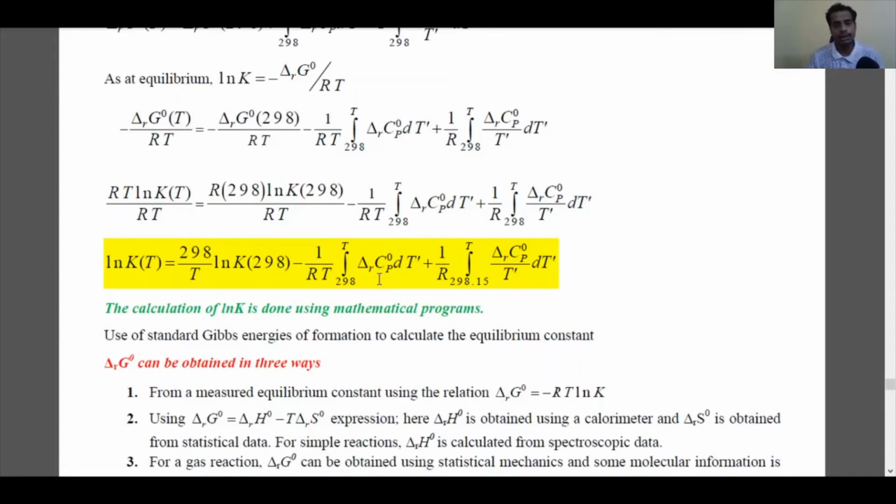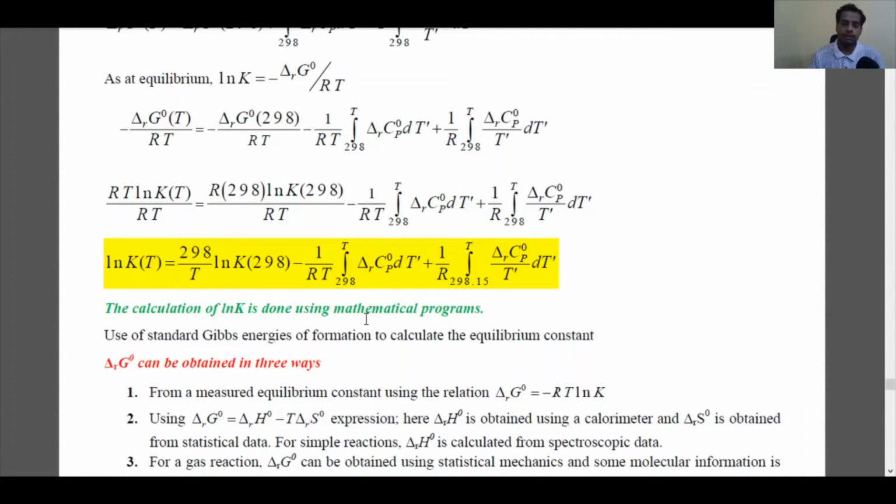Now this heat capacity at constant pressure is a function of temperature, represented by a power series in T, as we have just discussed. The solution of this equation is complicated, and generally mathematical programs are used.